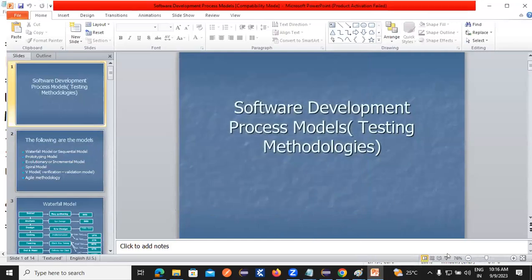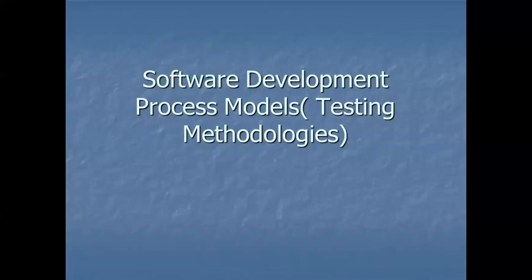See guys, what is the software development process model? They ask in different ways. First question, which model are you using in your project? Second question, which process are you using in your project?